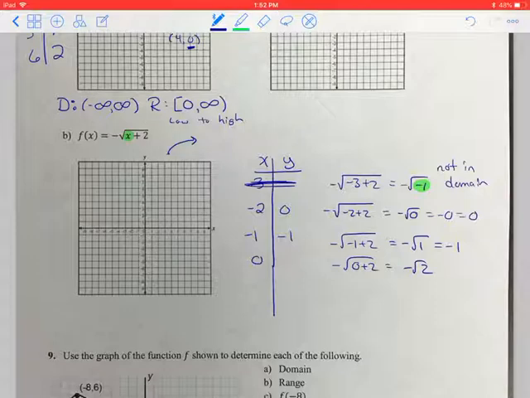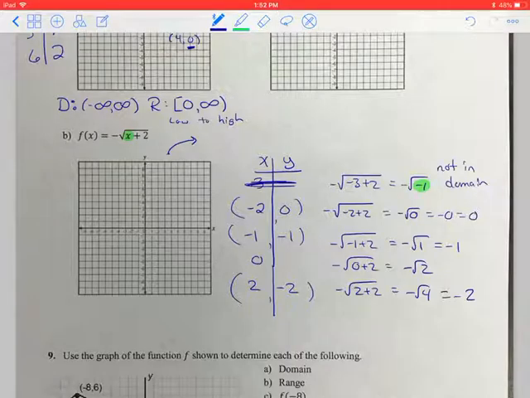So I could pick something like 2, because underneath my square root, 2 plus 2 would give me 4, and then that gives me a nice square root, so that would give me negative 2. So that gives me 3 good points. So if I go ahead and plot those, that's negative 2, 0, negative 1, and 2, negative 2.